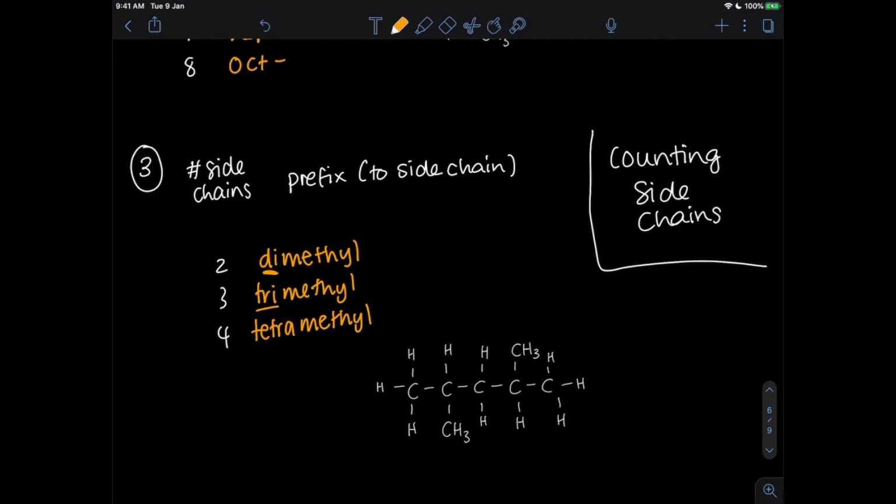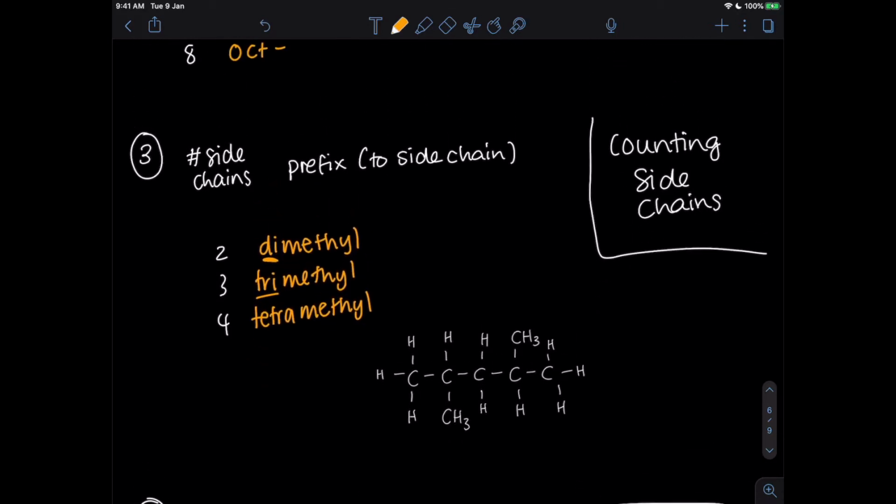And tetramethyl, there are 4 methyl groups present on the molecule. So in this case, I have got 2 methyl side chains. That would mean that this would have to have dimethyl somewhere in the molecule. So that tells me I've got 2 times CH3 groups in my molecule somewhere.